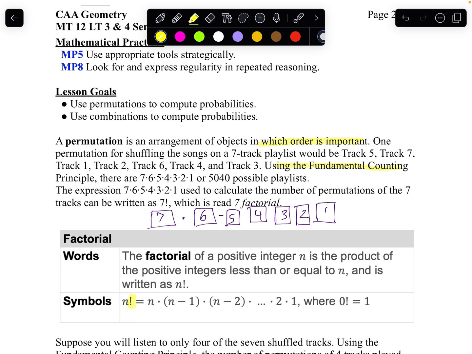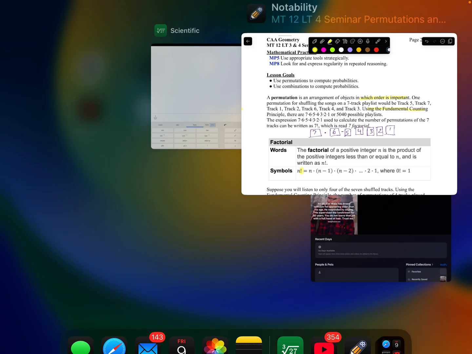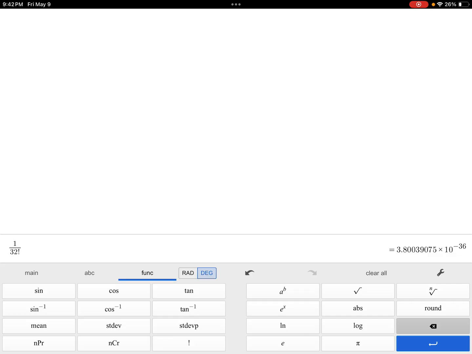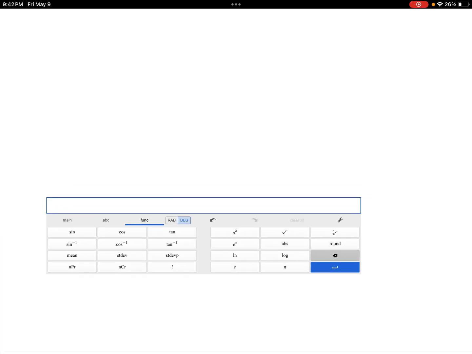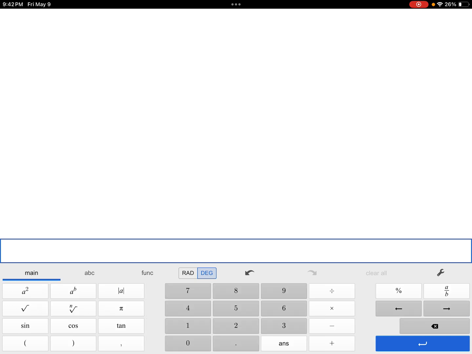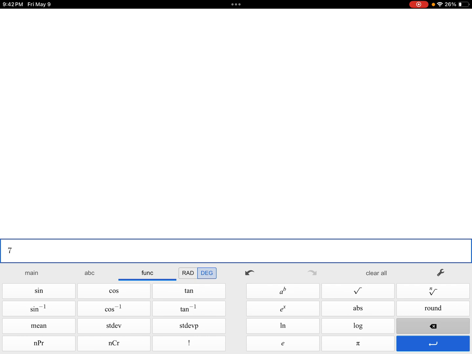So if I wanted to find the total number of ways I could have a 7-song playlist on my calculator, I would just go 7, and then, depending on the calculator, I hit the function here. There's my factorial. Know that you have 5,040 different ways to play your playlist of 7 songs.